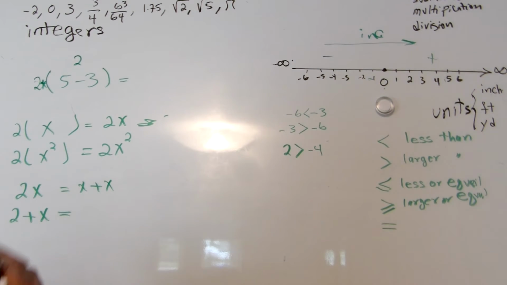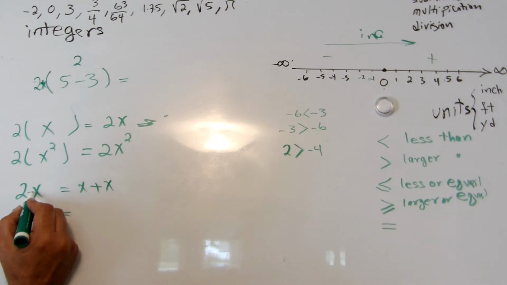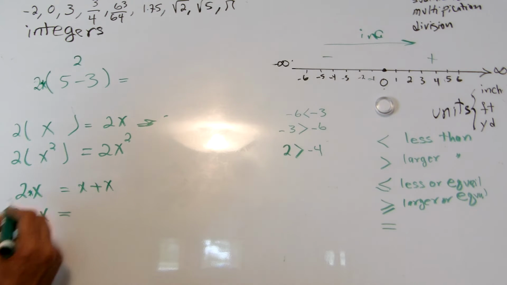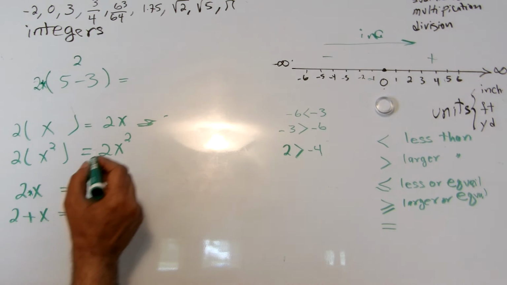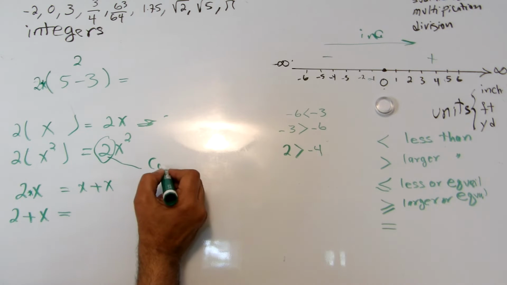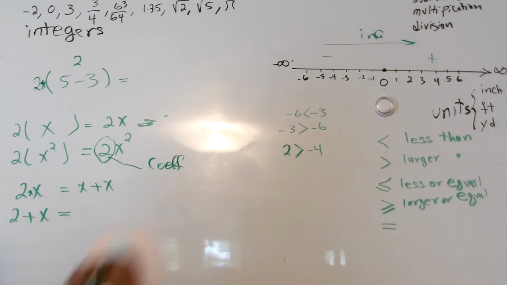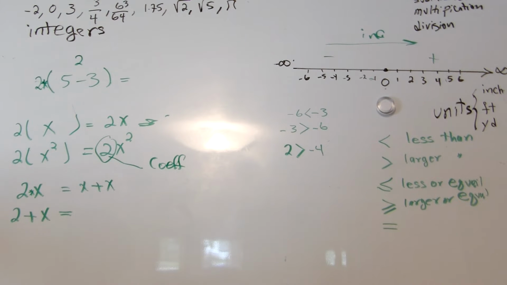You have to recognize that this is multiplication by 2 and x. So this is called the coefficient. So the multiplication is like this.